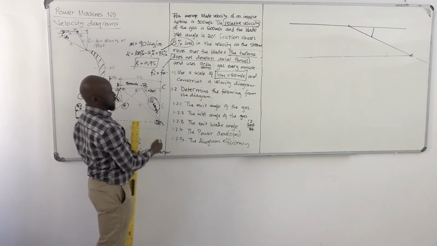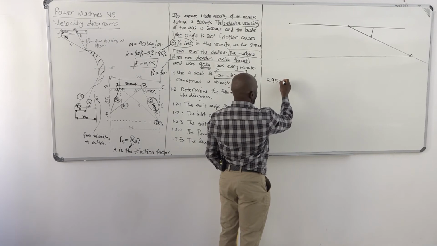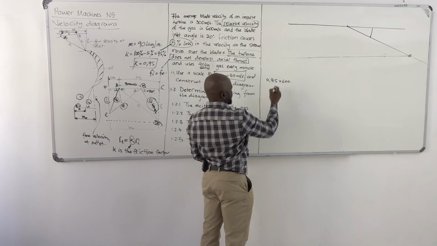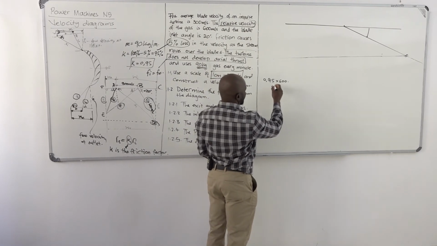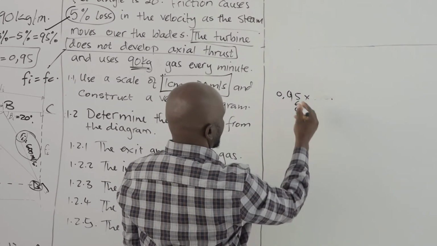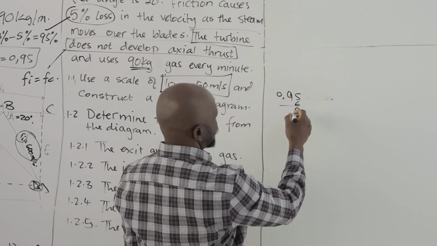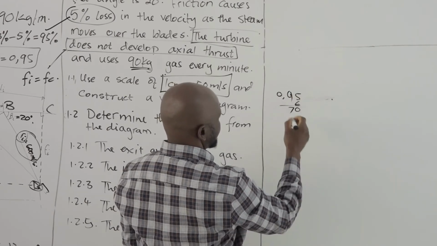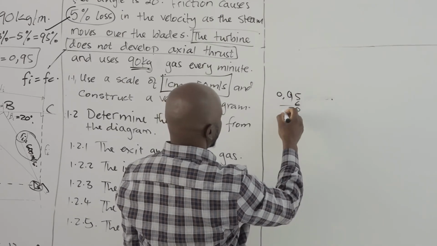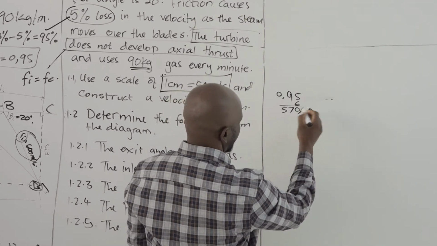Which simply means therefore that I'm now going to say 0.95 times 600. Unfortunately, I had not calculated that. 6 times 9, 54 plus 3, 57, so 570.